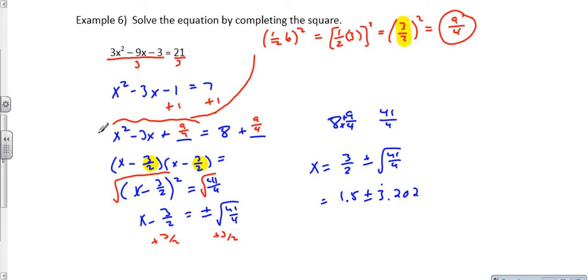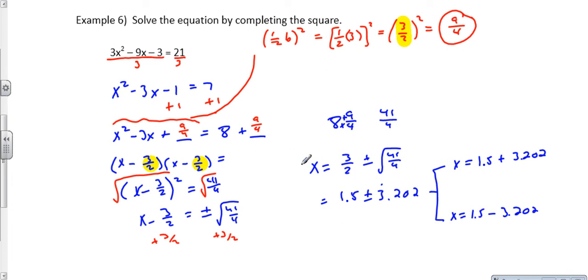Okay, now we would then again remember that that represents two scenarios. It represents x equals 1.5 plus 3.202 and x equals 1.5 minus 3.202.